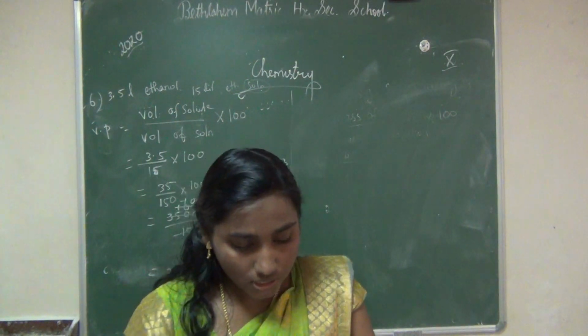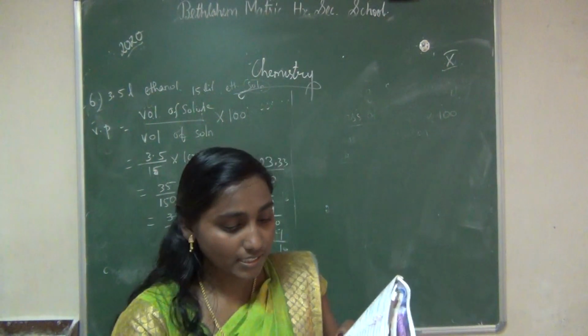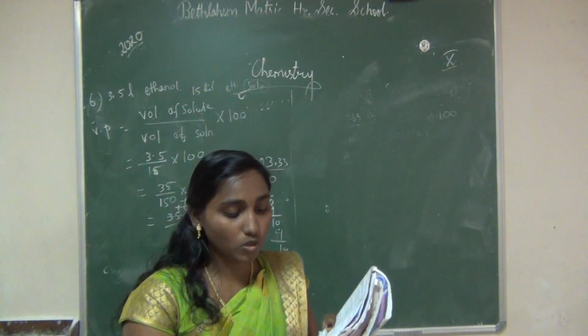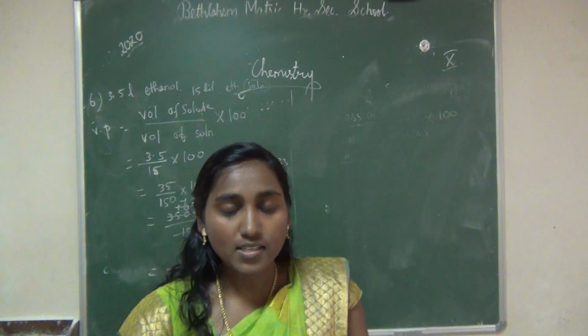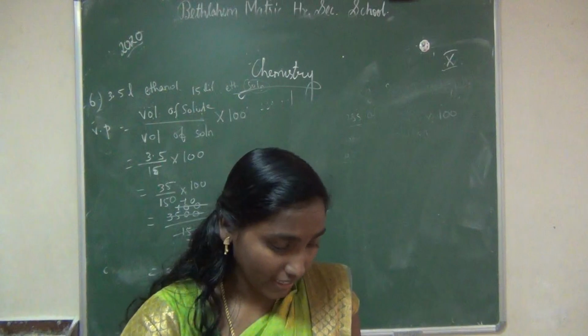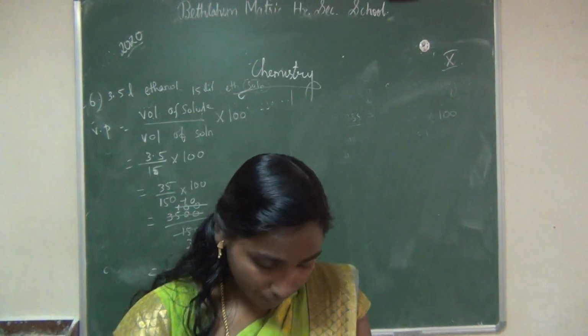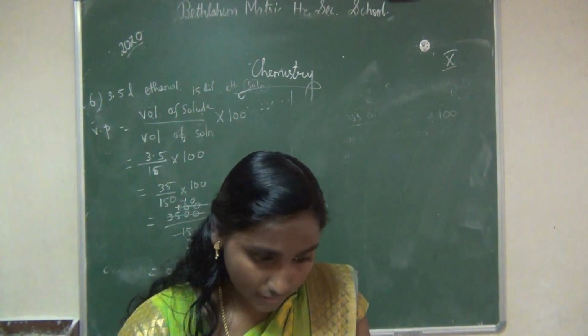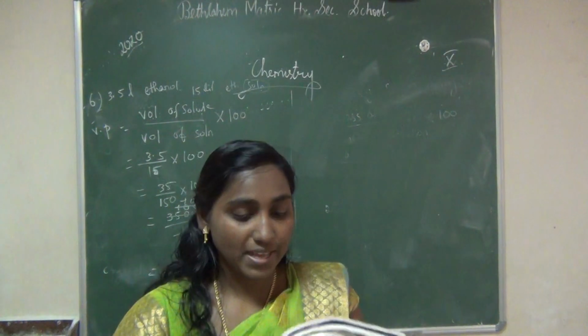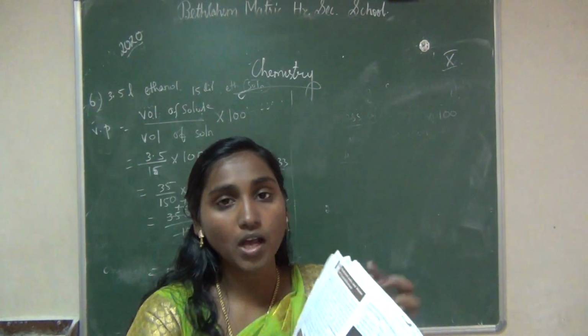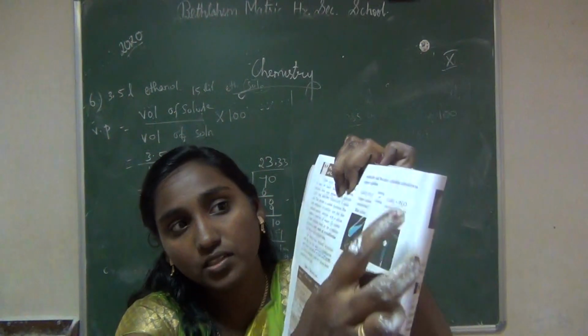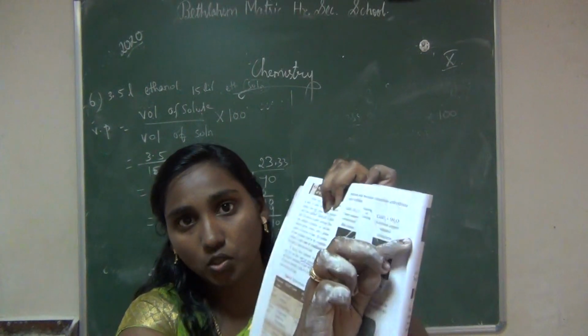Then the second question: A is a blue colored crystalline salt. On heating it loses blue color and gives B. This question we already studied. Answer is on page number 130. Mark this one equation only, okay?